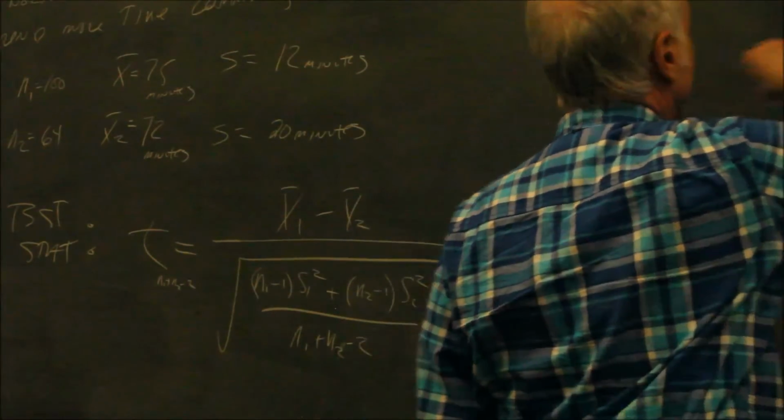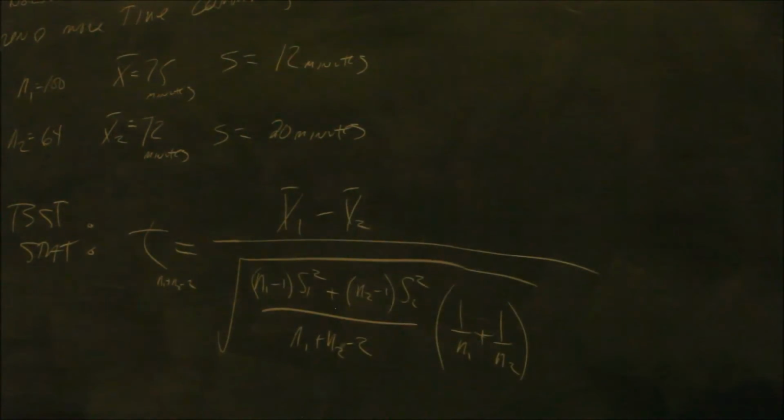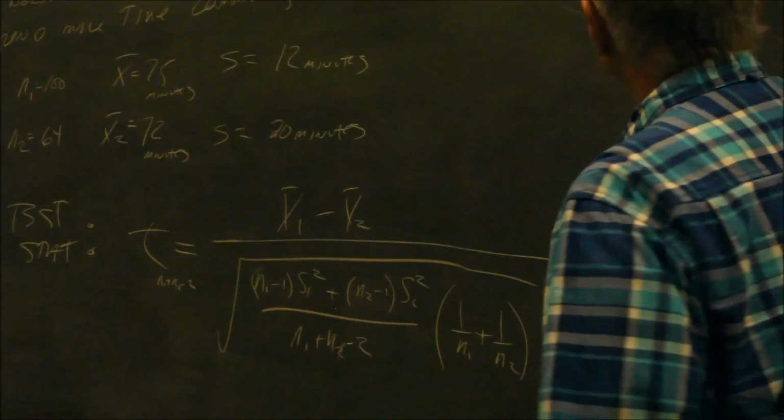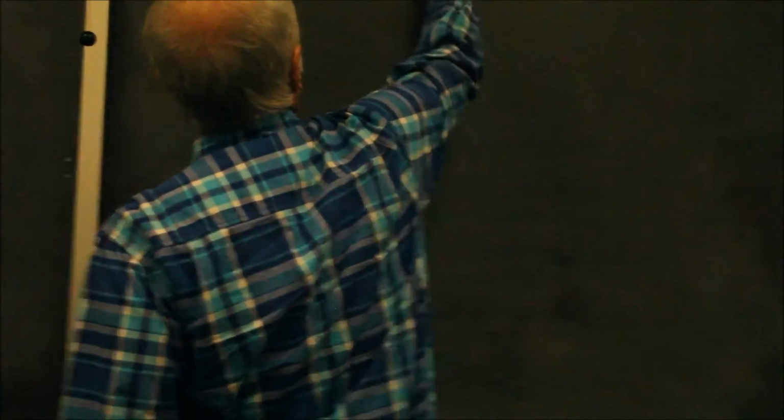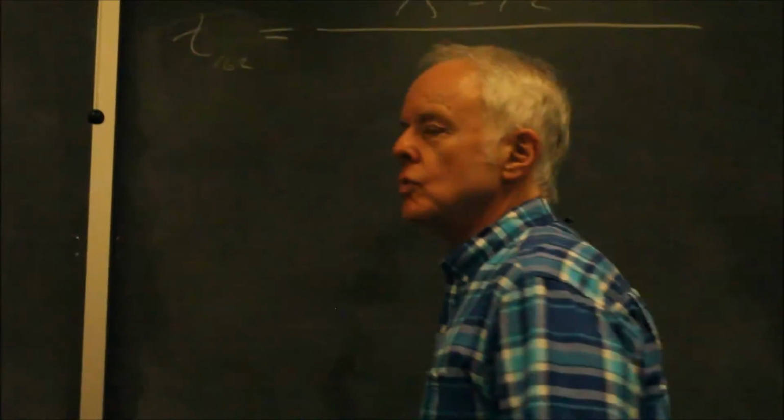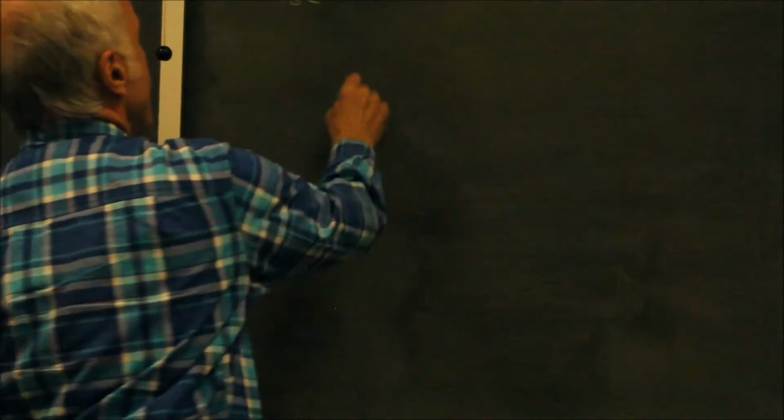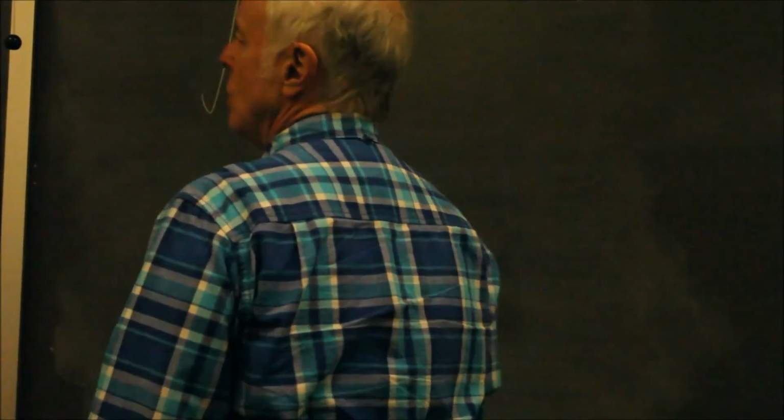And it's equal to X bar 1, which is 75, minus 72. So the numerator is going to be 3 minutes. Then we just have to do the denominator here. And so what is it?